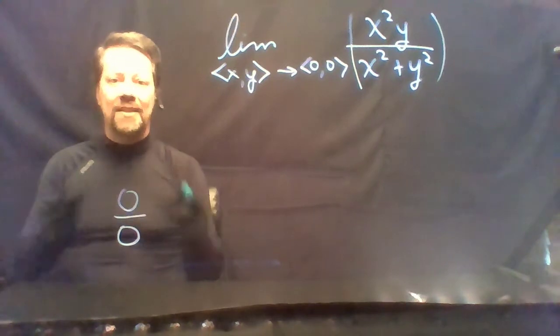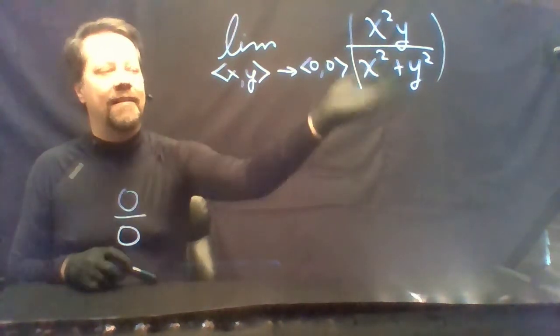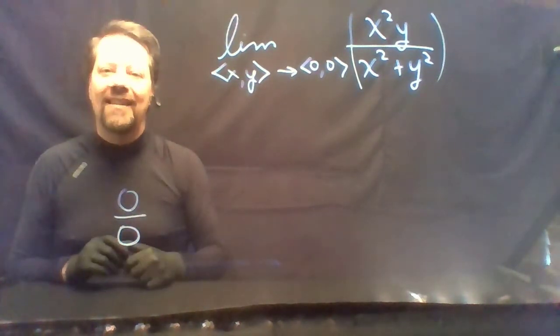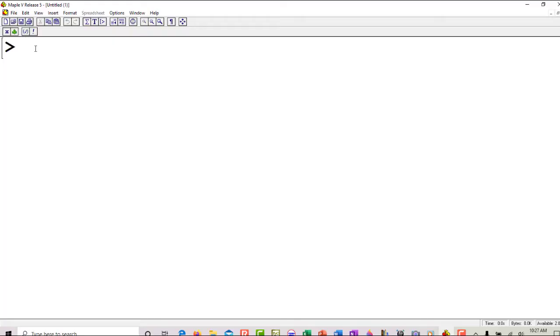Let's explore this by graphing this surface and seeing what happens. I'm going to define my function as something that takes x comma y and outputs x squared times y divided by x squared plus y squared.